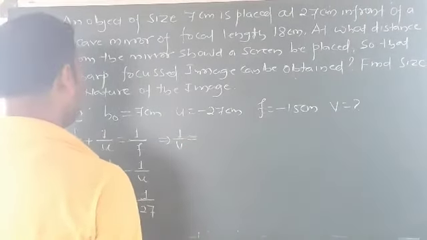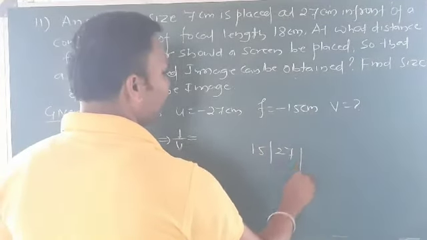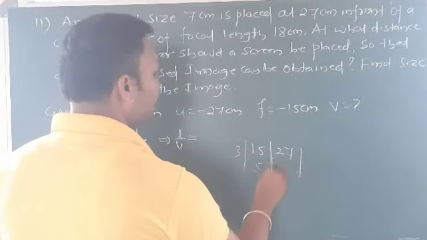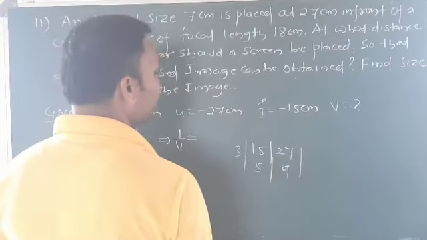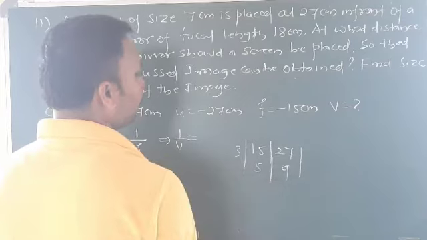Now we need to find the LCM of these two, 15 and 27. 3 fives are 15 and 3 nines are 27.